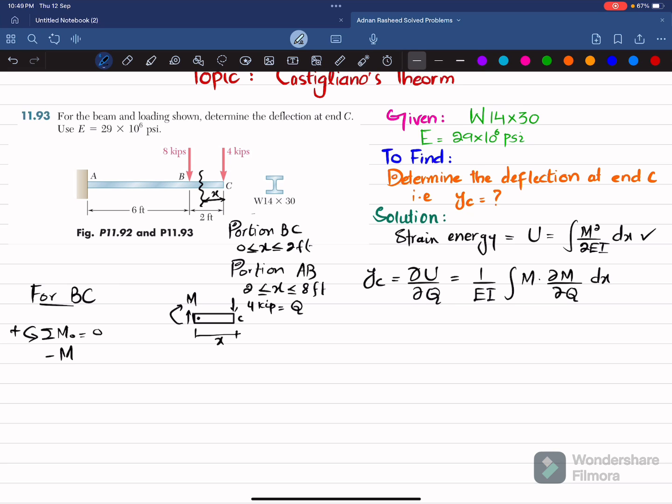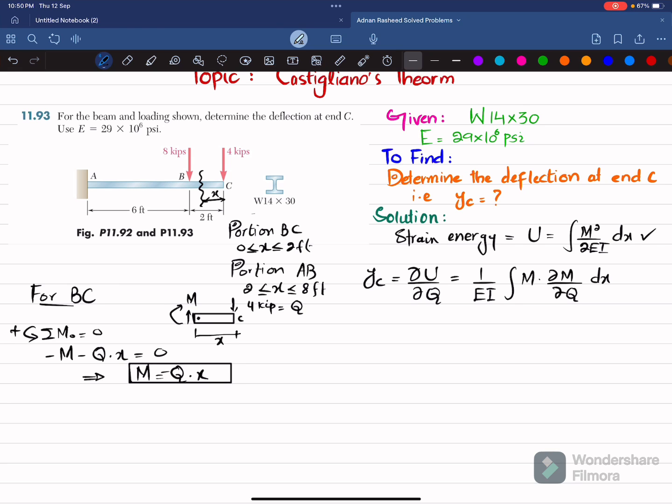So I will write minus M minus Q times x, replacing 4 with Q for the time being, Q multiplied by x, is equal to 0. So this moment is equal to minus Q times x.